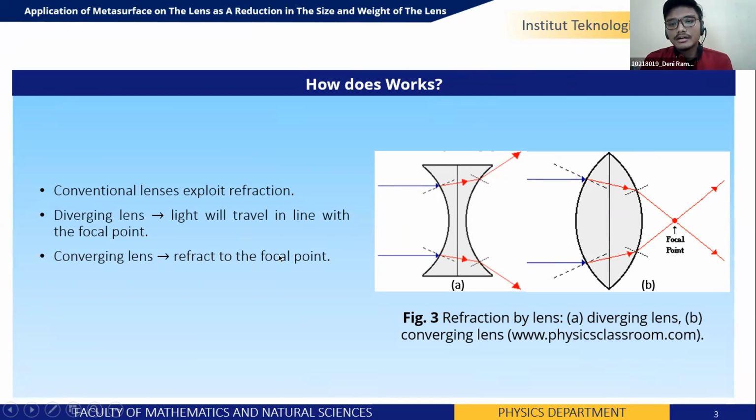Sorry. Whereas in the converging lens, incident light will be refracted to the focal point.